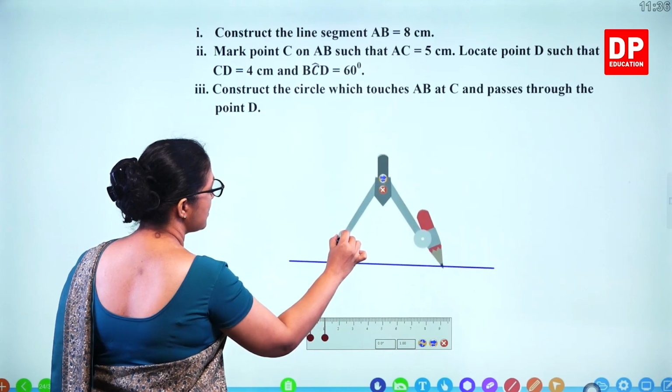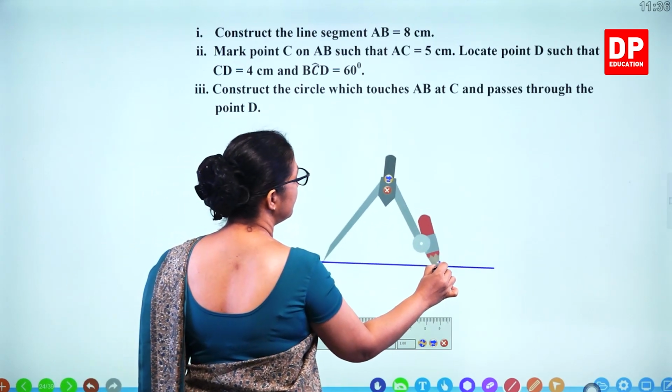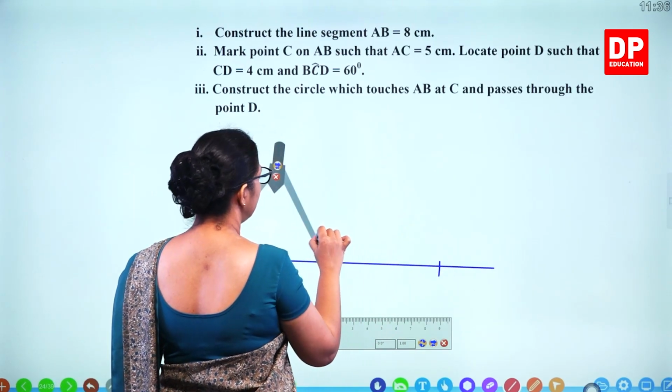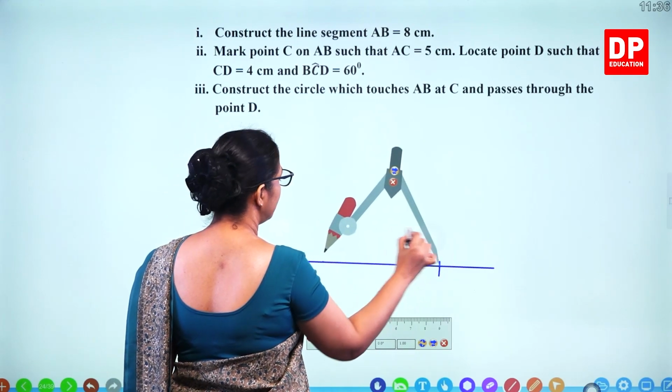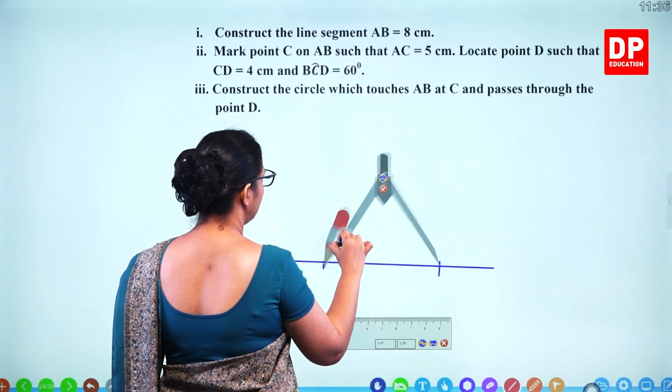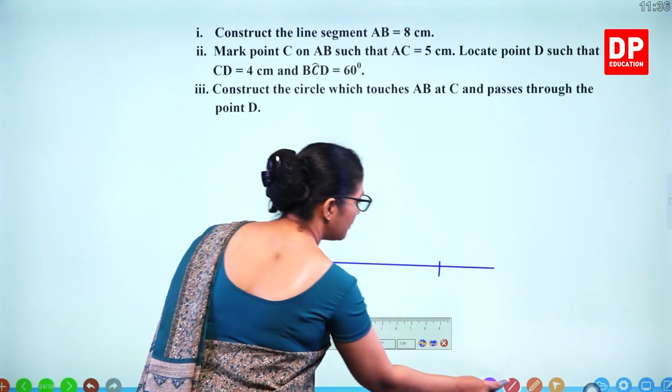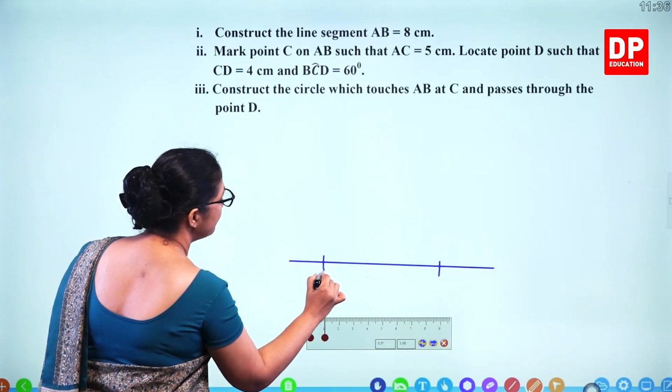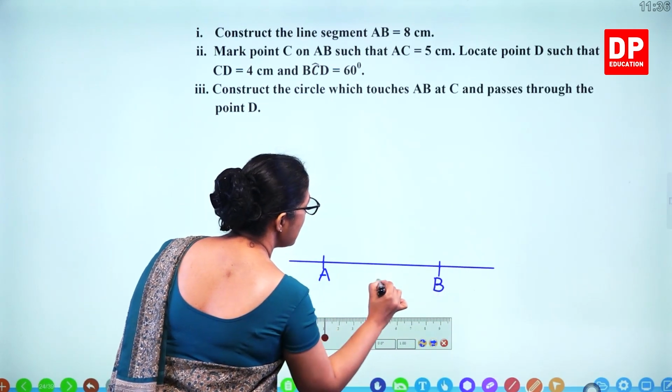So you can mark it. So that's AB, 8 centimeters.